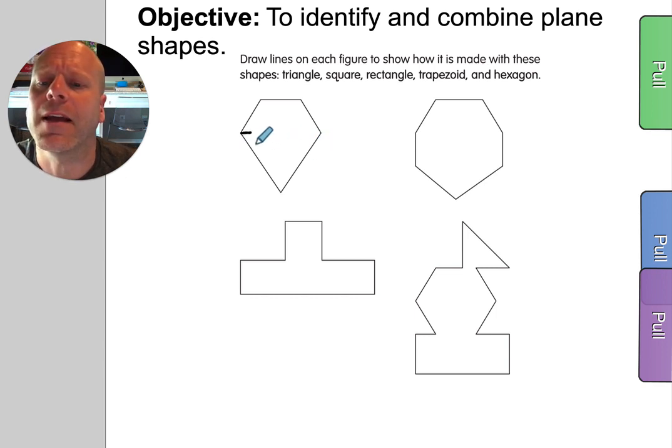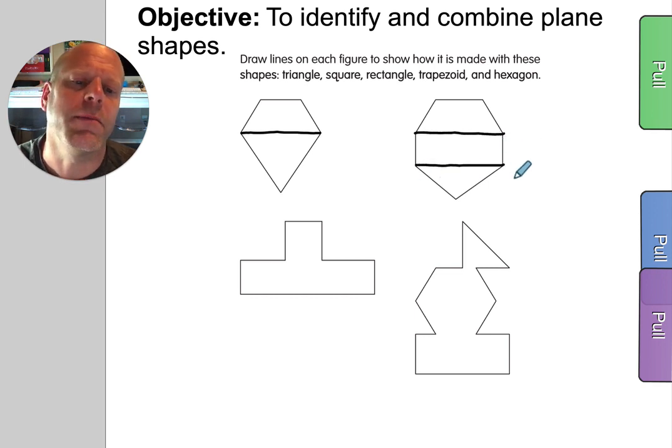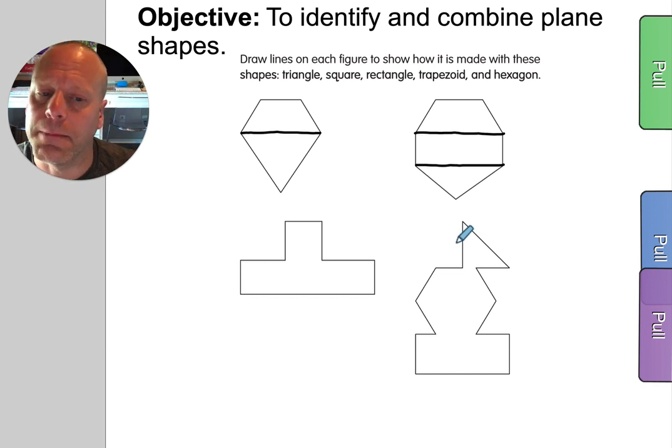Well, I think they made it by using a triangle at the bottom and one of those trapezoids at the top. Right? Or maybe you're going to be like, no, with this one, I think they did a trapezoid at the top, a rectangle in the middle, and then a triangle at the bottom.